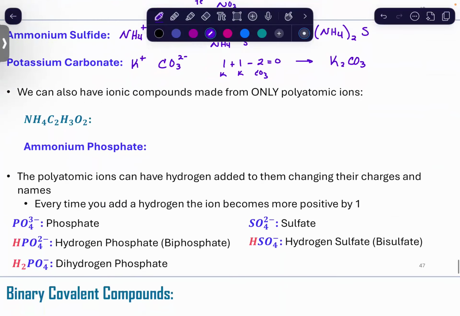We can also have compounds made only of polyatomic ions. Well, then you have to figure out where they split. Now I see my ammonium ion, and then I see that second ion, which you would learn. That shows up a lot on standardized exams. People who write exams seem to love it. But let's think about this.